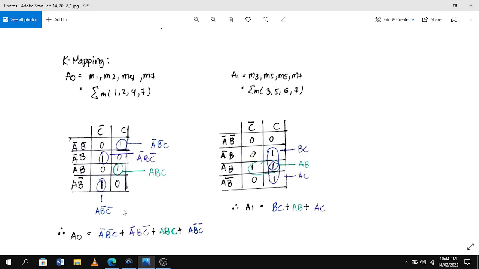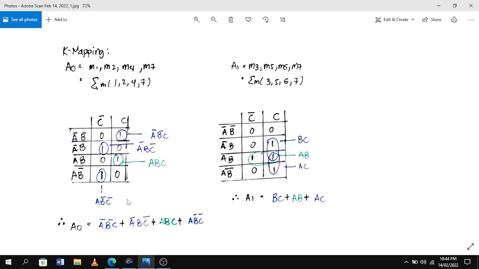So the final equation for A0 is A complement B complement C plus A complement B C complement plus A B C plus A B complement C complement.